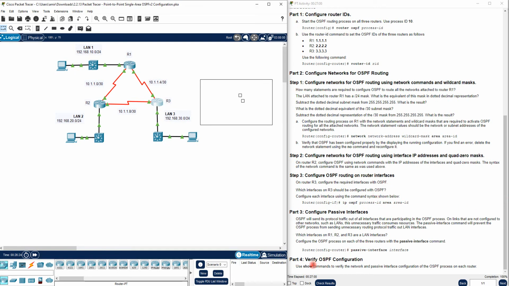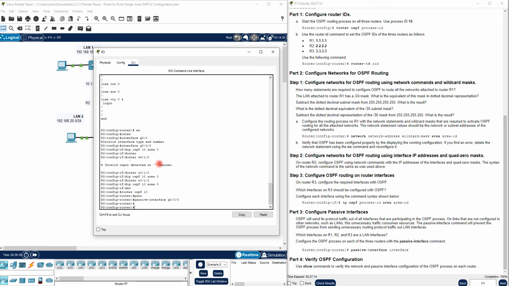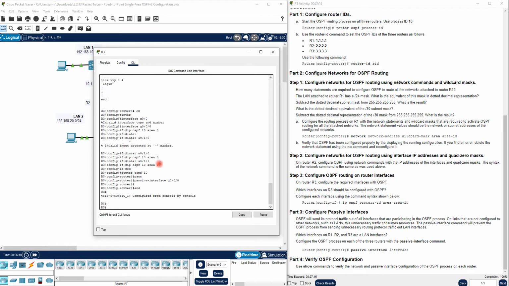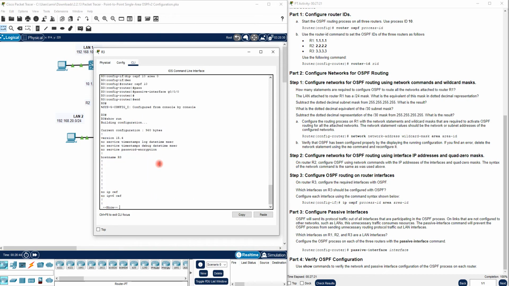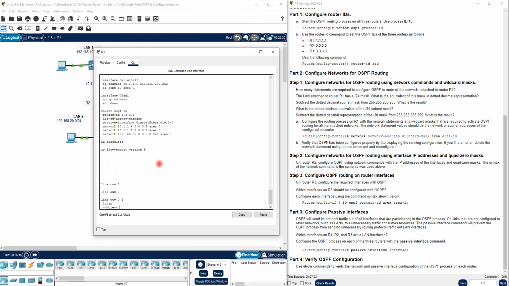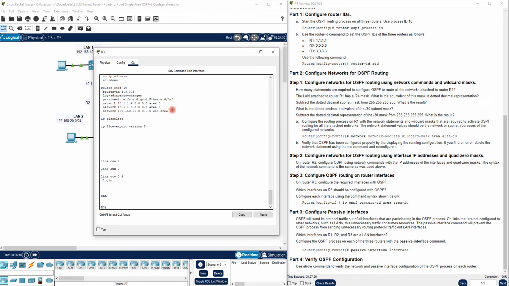And verify OSPF configuration. Use show commands to verify the network and passive interface configuration of the OSPF process on each device. You can write here, for example on switch 3, in privileged exec mode, show run. You can see all of the information and configuration that you have done here, and the passive interface.